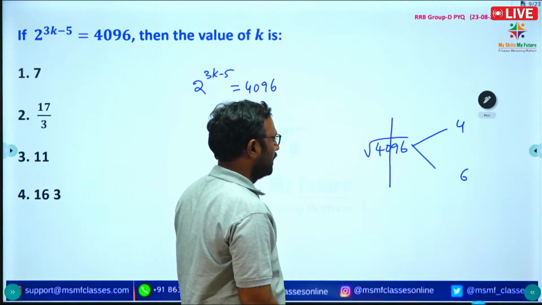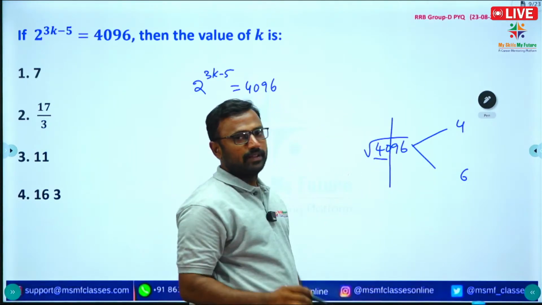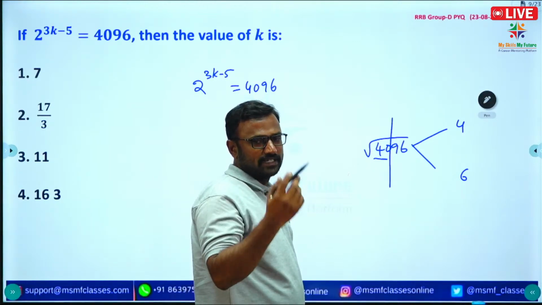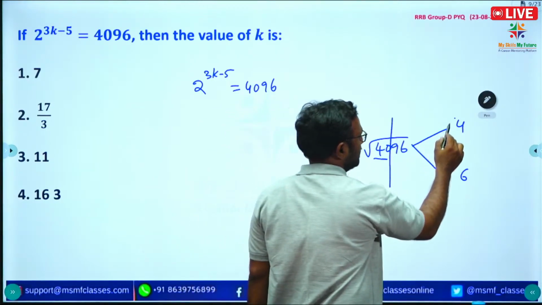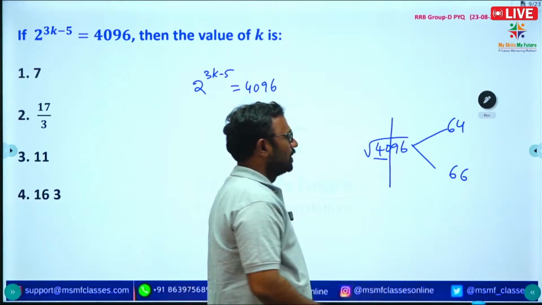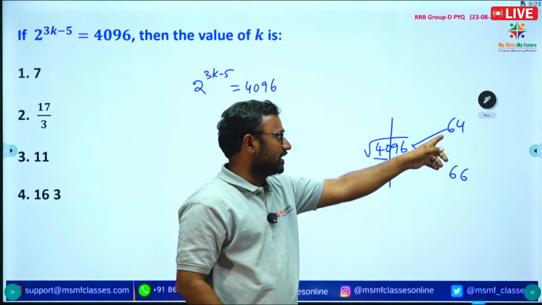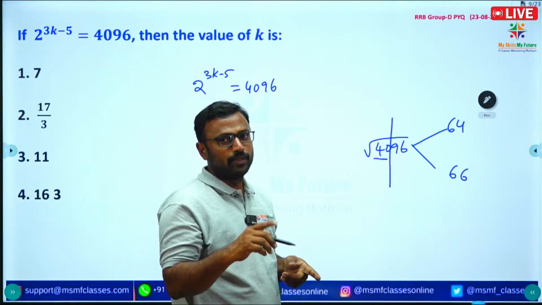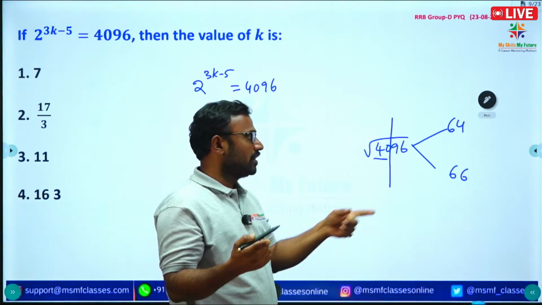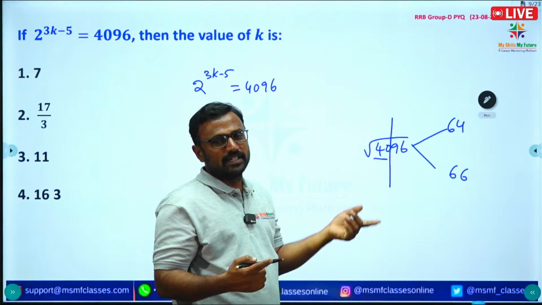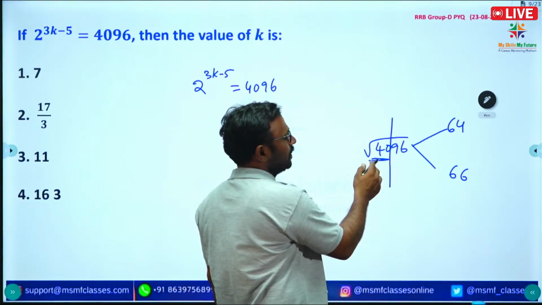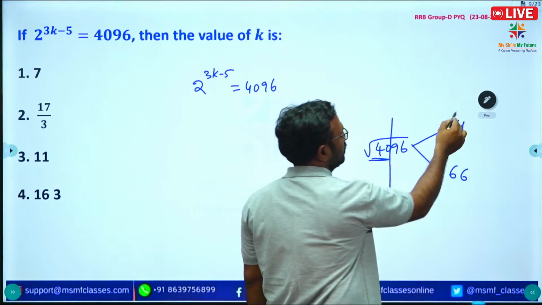Here 40 lies between 6 square and 7 square, and it lies after 6 square, so here 6, here 6. 6 sevens are 42. If the number is greater than 42, we go with the bigger number. If the number is less than 42, we go with the smaller number. The number is less than 42, so we go with the smaller number.